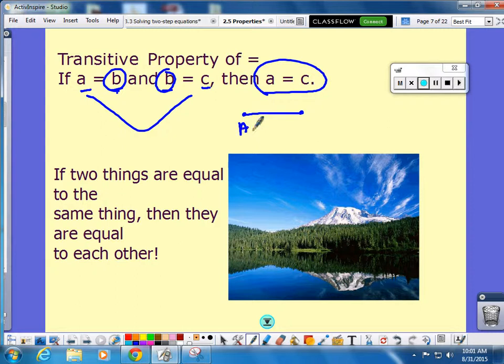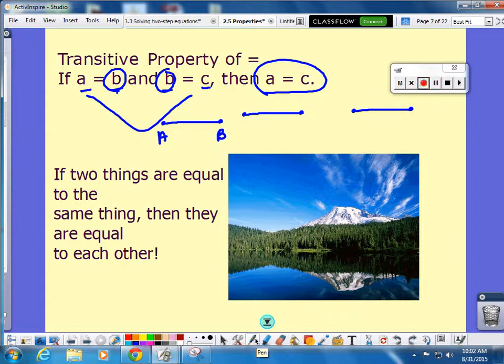You know, it's like in geometry. If I have line segment AB, let's see if I can. You just saw me completely duplicate that, right? What does duplicate mean? I made a copy of it, didn't I?